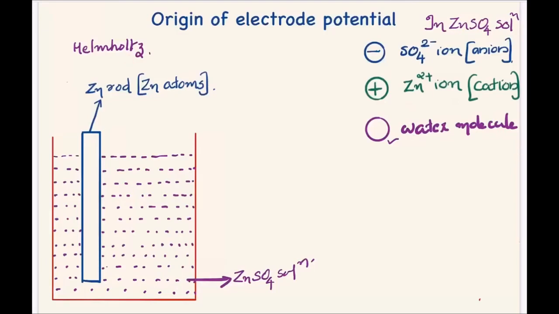As per Helmholtz, this famous scientist, all metals have a tendency to absorb negatively charged particles. The reason is that on a metal, the surface will have a charge density creation which attracts negatively charged anions.